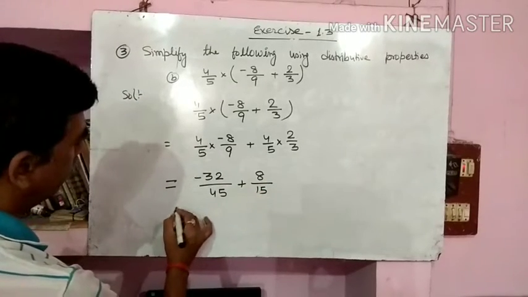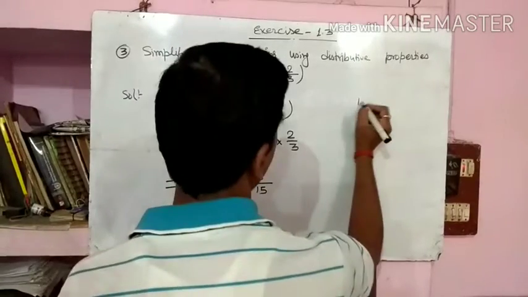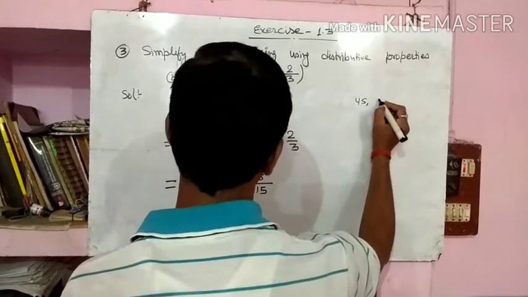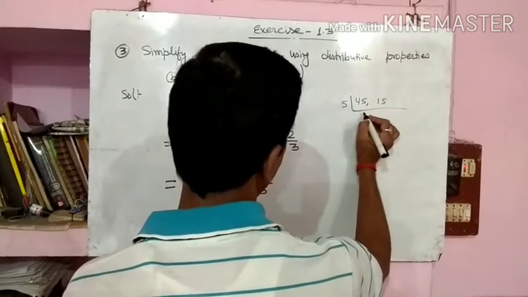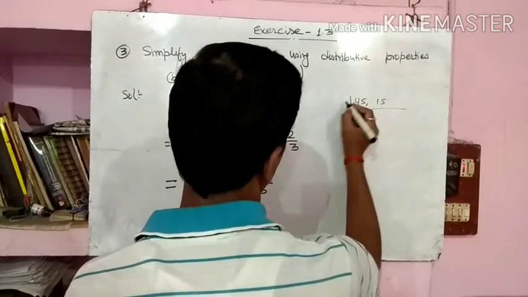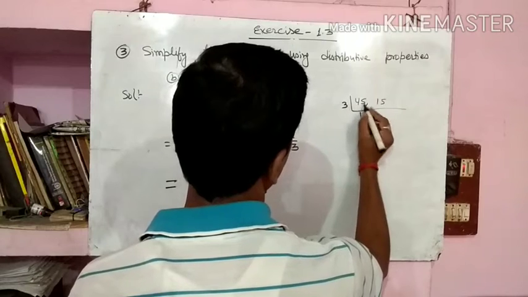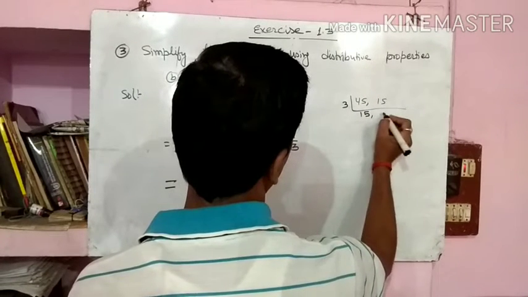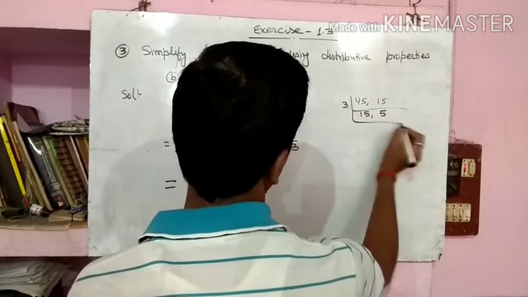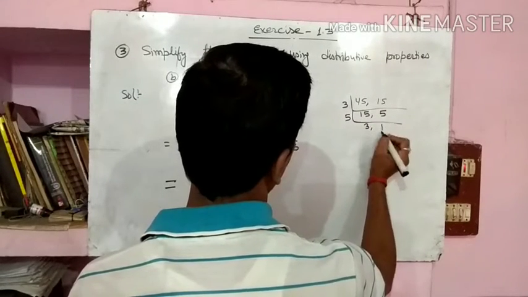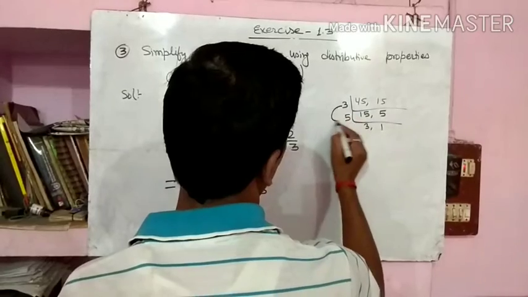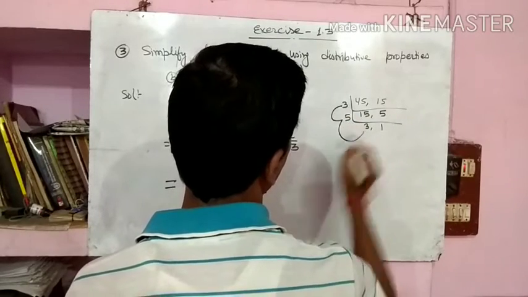So you can write that. First of all, get the LCM of 45 and 15. So 3 1s are 3, 3 5s are 15, 3 5s are 15. Then 5 3s are 15 and 5 1s are 5. So what will we get? 5 3s are 15, 15 3s are 45.